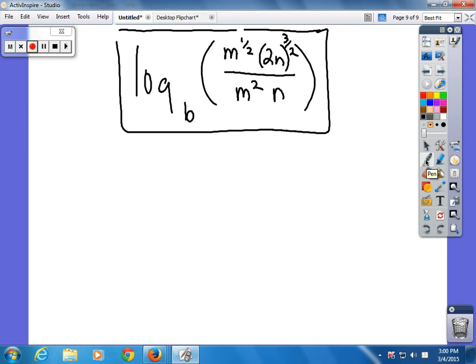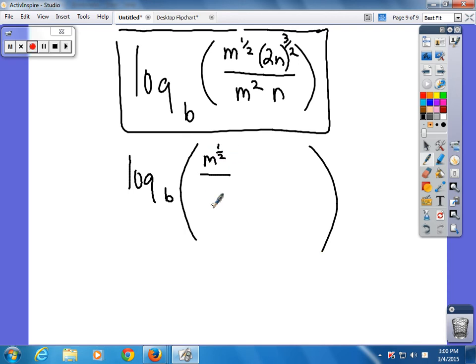And I'm going to say this is log base B of, big set of parentheses, so I'm going to write a little bit bigger. That'd be m to the 1/2 over m squared n to the first, and that's going to be 2 to the 3 halves and n to the 3 halves.